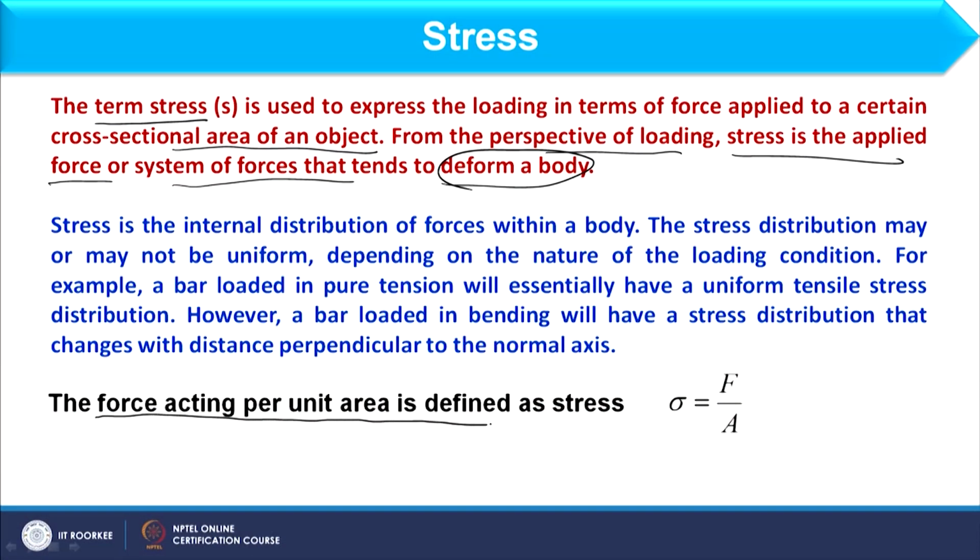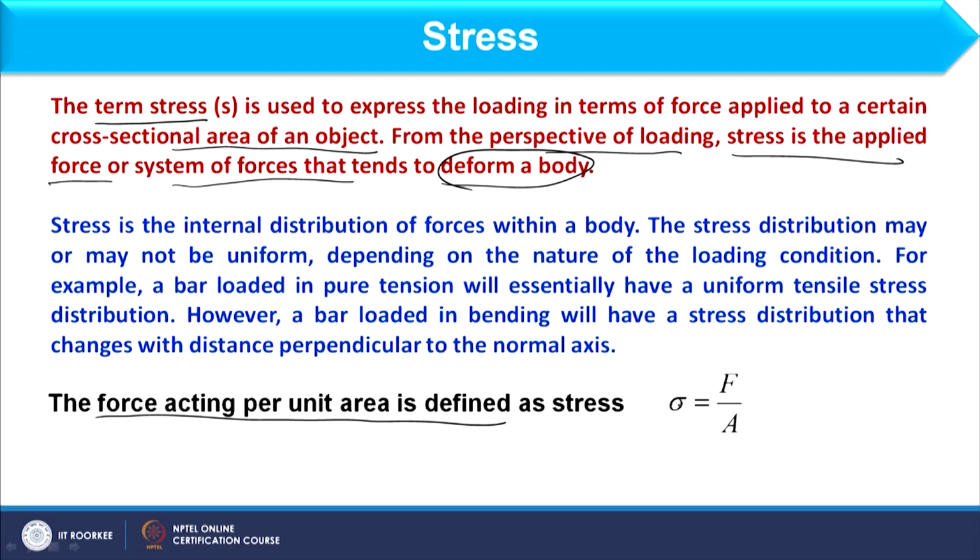So, according to the internal distribution, we have either a uniform or a non-uniform change in shape. Mathematically, the force acting on a particular area we call stress, which almost all of us know.